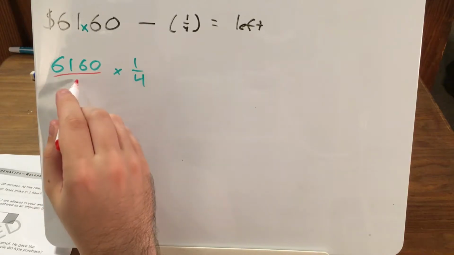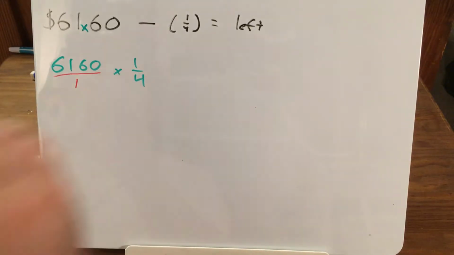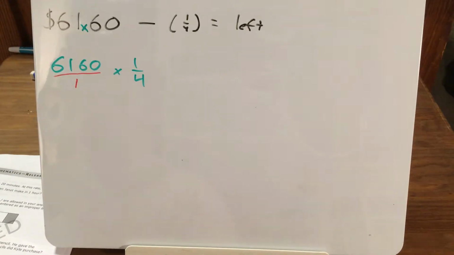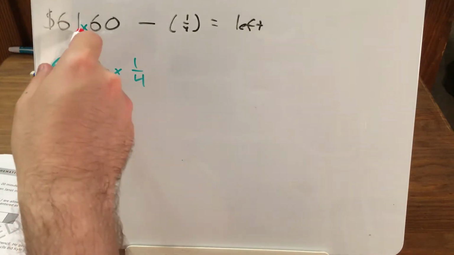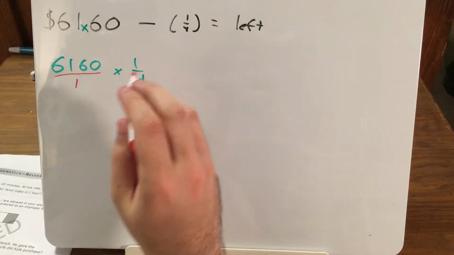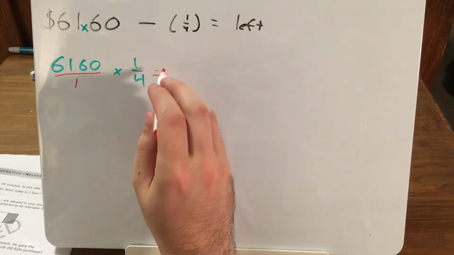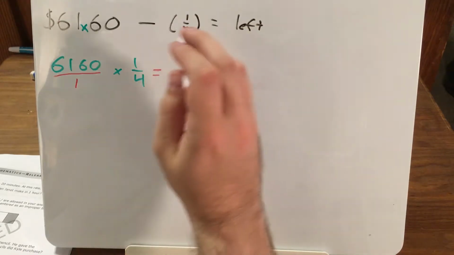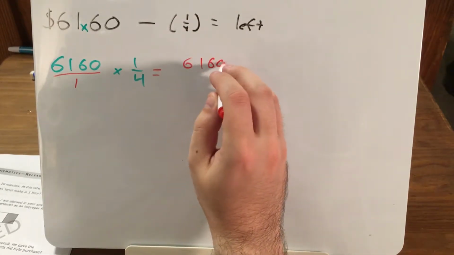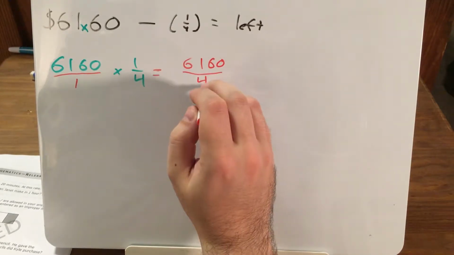Whenever I see a problem like this, I'm going to instinctively say this is 6,160 ones or 6,160 wholes. Again, we're just ignoring this decimal until we are done with the problem. I do some multiplication across my numerators and denominators. 6,160 times 1 gives me 6,160. 1 times 4 gives me 4.